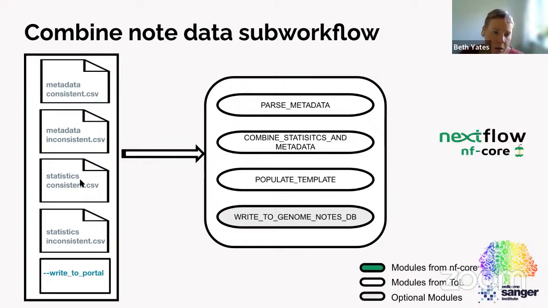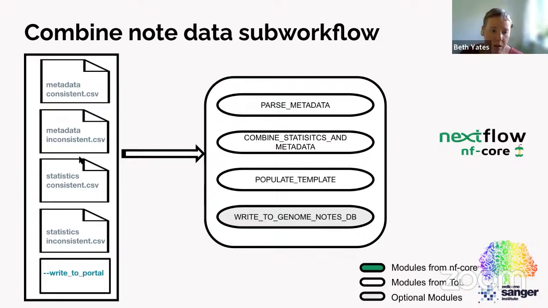The parse metadata step got run for all of the files that were produced by the genome metadata sub-workflow, but we also run it again on the output of the genome statistics sub-workflow, and that gives us the placeholder values from the statistics sub-workflow, and so we end up with 4 different files.